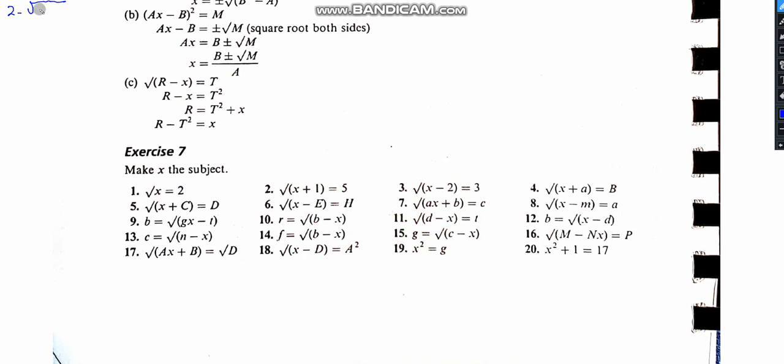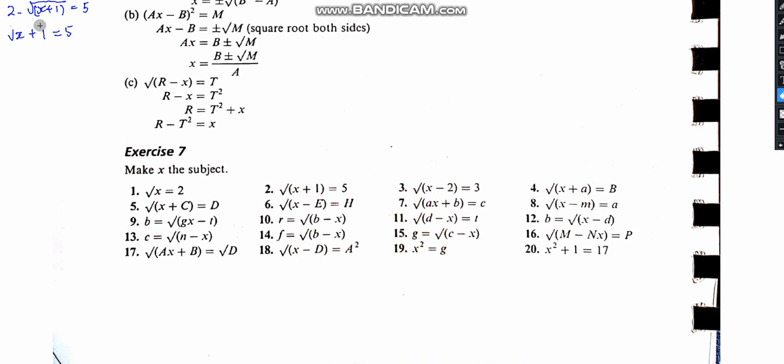Square root (x plus 1) equal to 5. Okay, now you can see this square root, but then there's a bracket. What does it mean? It means the square root applies to both x plus 1. If I write it as square root x plus 1 equal to 5, without the bar over the top, that means the square root applies to x only, it doesn't apply to 1.